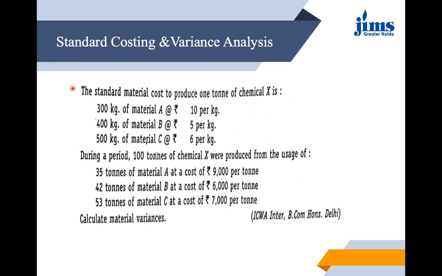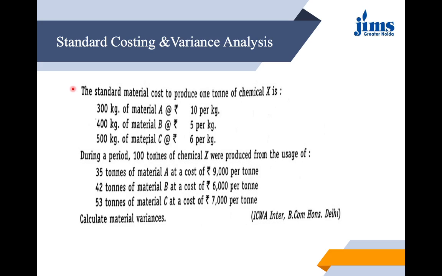Next question: the standard material cost to produce 1 ton of chemical X is given to us, that is 300 kg of material A at the rate rupees 10 per kg, 400 kg of material B at the rate rupees 5 per kg, 500 kilogram of material C at the rate rupees 6 per kg.